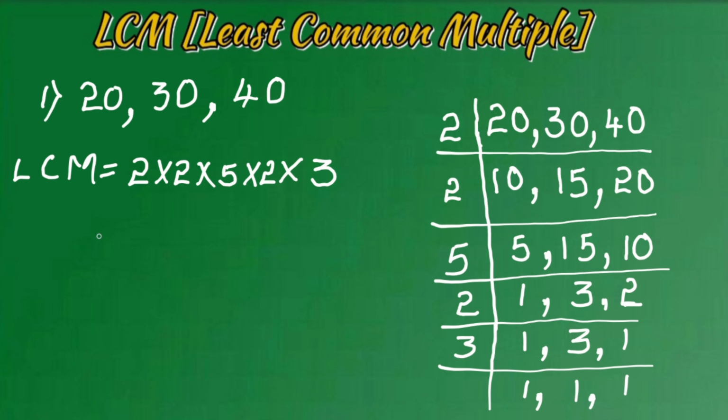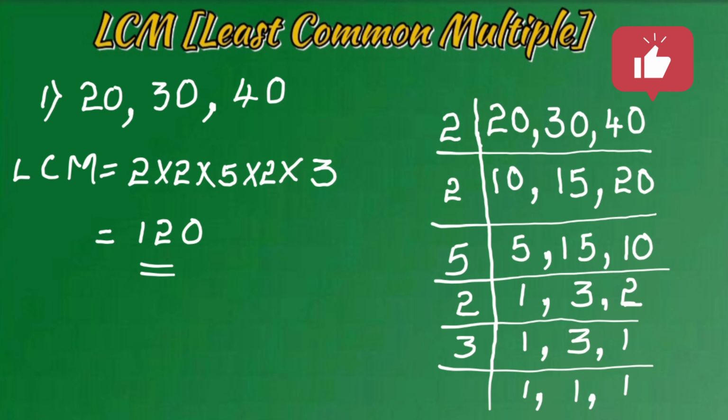So 2 2s are 4, 4 5s are 20, 20 2s are 40 and 40 3s are 120. So the LCM, that is least common multiple of 20, 30 and 40 is 120. This is how we can find the LCM, least common multiple of any given numbers.